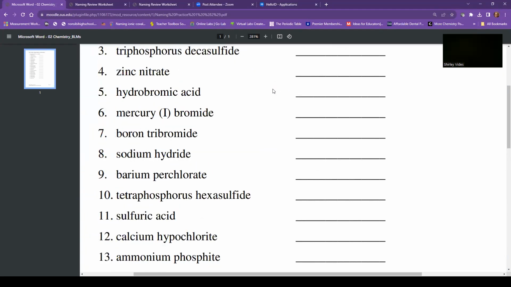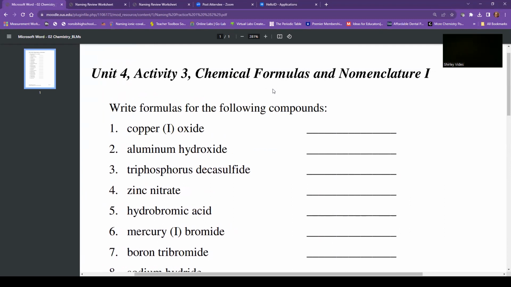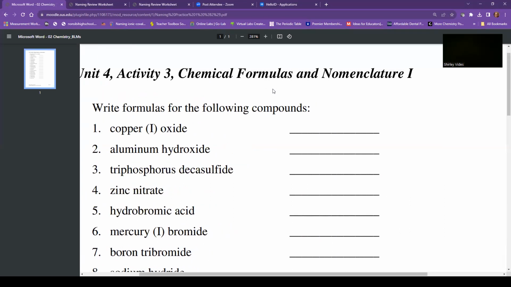Okay, so copper 1 oxide. You see how the name itself is telling us what to write. Copper 1 is Cu plus. So we know that. So we must write Cu plus.